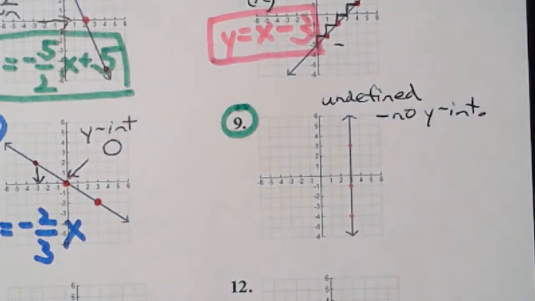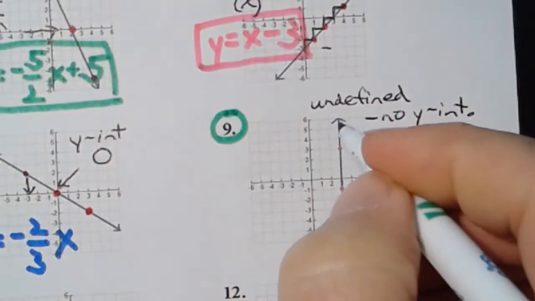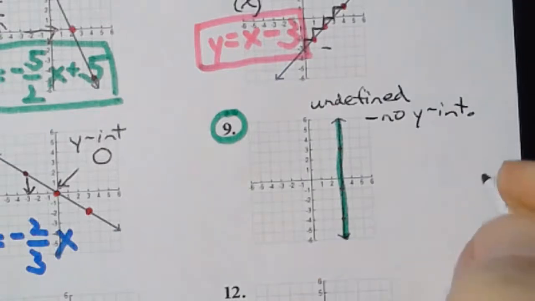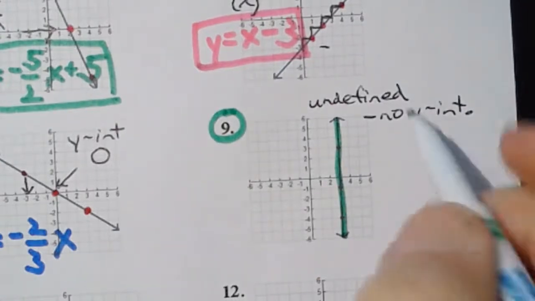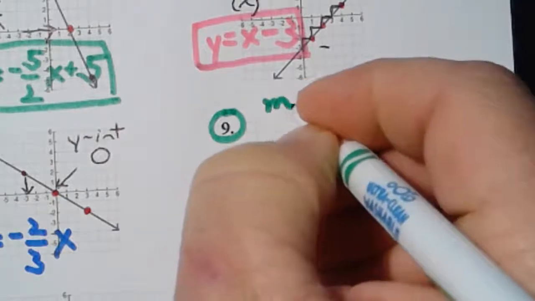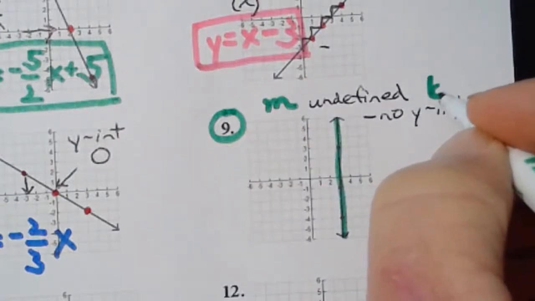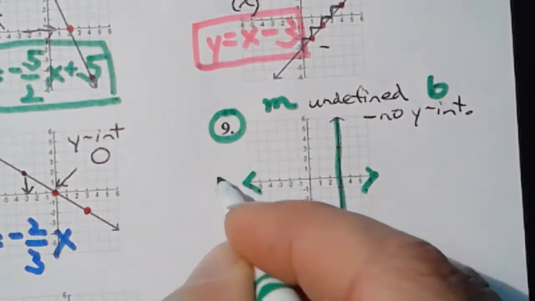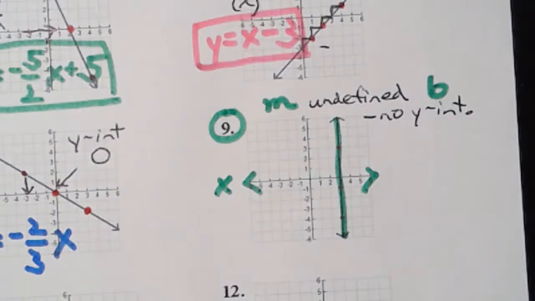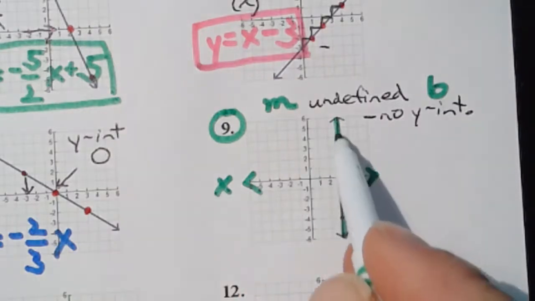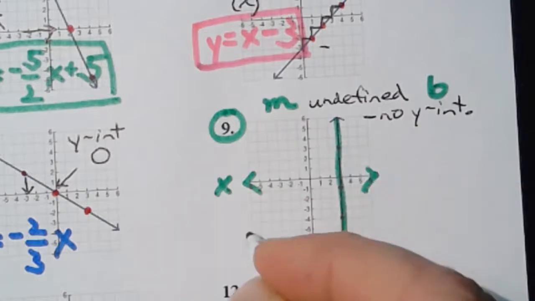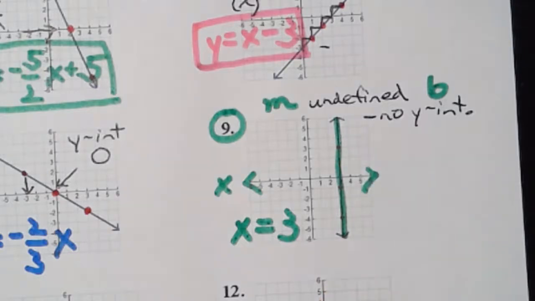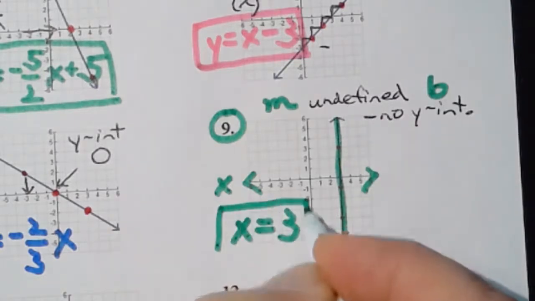So we have this line, which has an undefined slope and no y-intercept. So what can we write? Well, what axis is this? It's the x-axis, and x is 3 no matter what. X equals 3 is the equation for this undefined line.